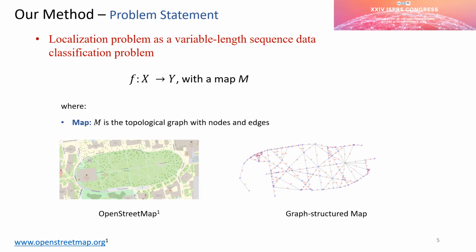We are using open source OpenStreetMap data, as you can see on the left side, which can be easily accessed and extracted from the internet. We then converted the OpenStreetMap data to an undirected graph with nodes and edges, as shown on the right side.